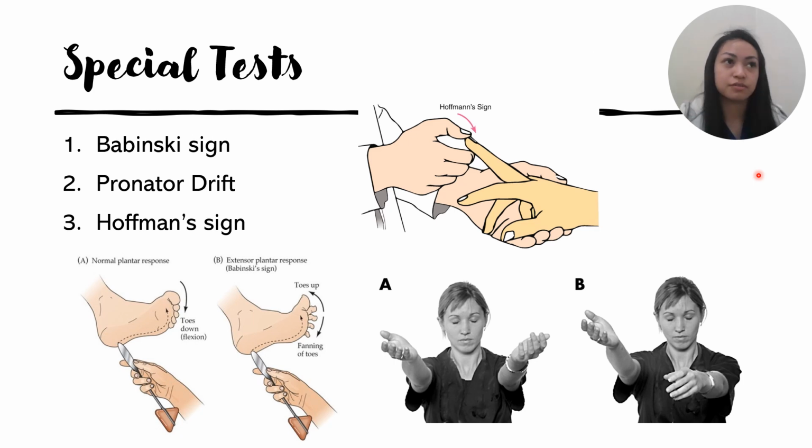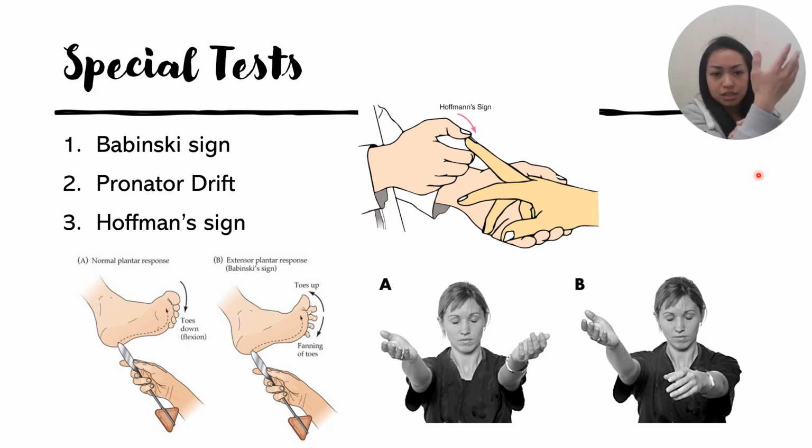So the pronator drift involves basically asking the patient to extend their arms forward in supination. So supination, remember, is like holding a soup. So palms pointing up, extend their arms in supination, and then what the physician is going to do is ask the patient to close their eyes and just tap on the arm.